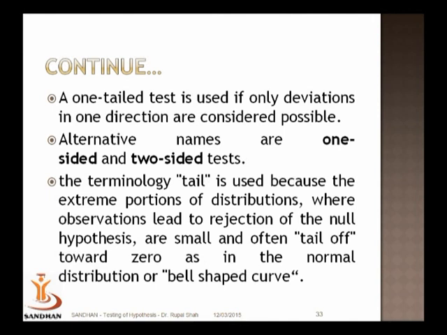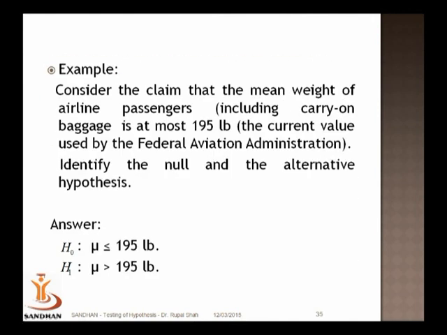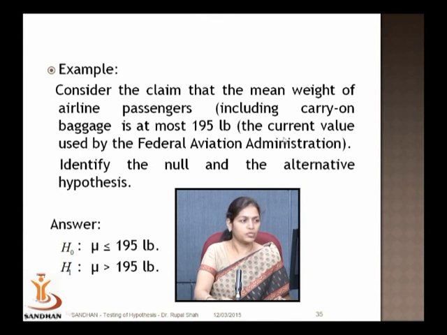Similarly, we can have a one-sided hypothesis. Suppose we have the mean weight of an airline passenger including the baggage which they carry. Suppose the airline has specified that this weight should not exceed 195 pounds. Okay, suppose this is the value set by the Federal Aviation Administration. Then here, if any passenger is carrying less than or equal to 195 it is okay, but what is not accepted is if the passenger is carrying more than 195.